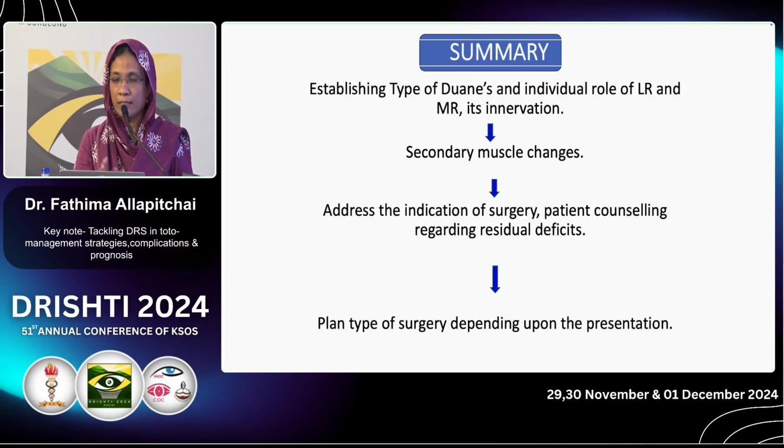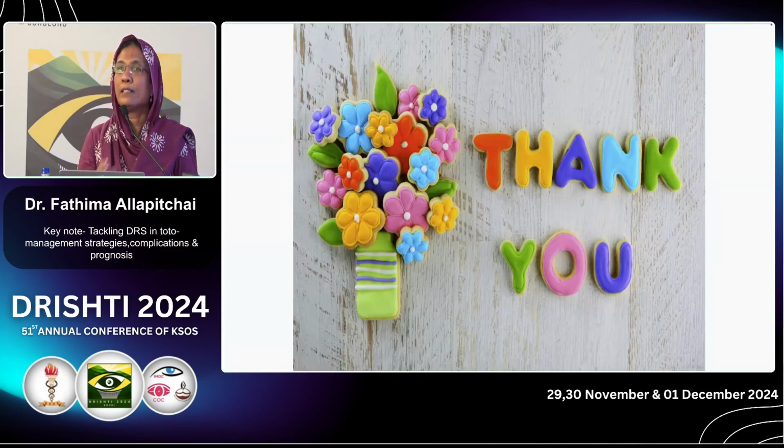As already discussed, the important things are whether the lateral rectus works normally or abnormally, whether it co-contracts, and whether the medial rectus has gone for secondary muscle changes. These are the important deciding factors for the dosage of surgery. Also address the indication for surgery, patient counseling regarding residual deficits, and plan the type of surgery depending on the type of presentation. Thank you very much.